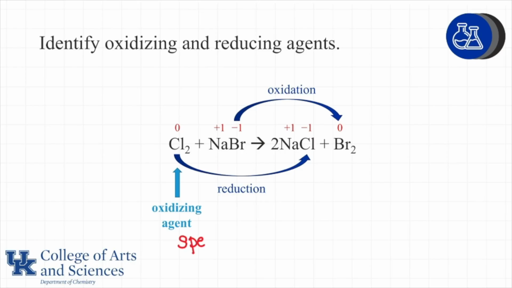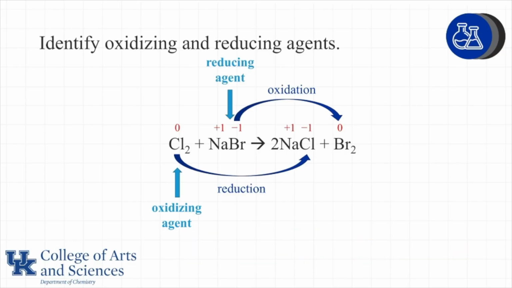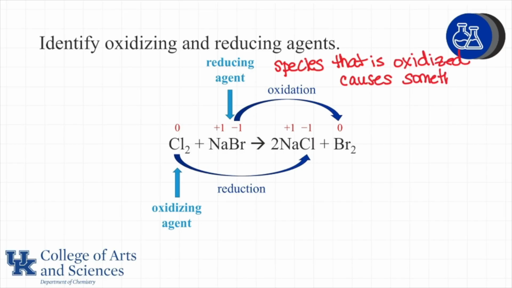The oxidizing agent is always the species that is reduced, and it causes something else to be oxidized. Br is being oxidized because we see an increase in the oxidation number. Therefore, it is the reducing agent. The species that is oxidized is the reducing agent because it causes something else to be reduced by itself being oxidized.